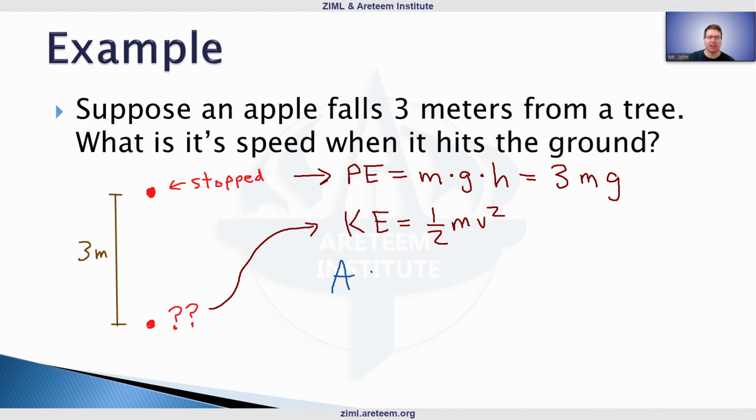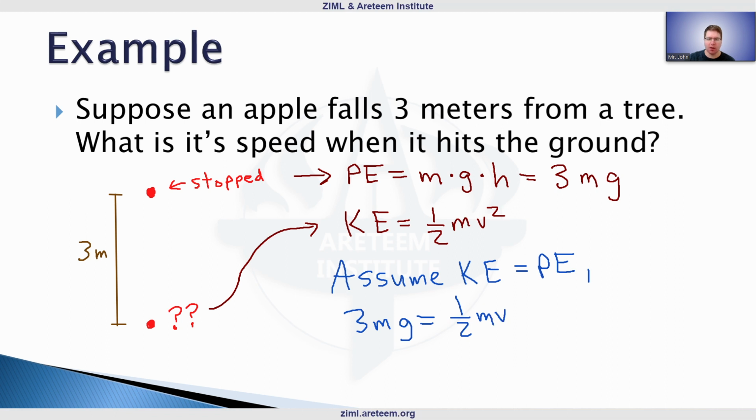I'll leave this up for now, but assume that the kinetic energy is equal to the potential energy. You'll explore in one of the questions I have you thinking about for next week why that's not totally the case. But for the most part, this is true. Roughly speaking, when the apple falls, all of the potential energy turns into kinetic energy, and that allows us to have a pretty nice equation for things here.